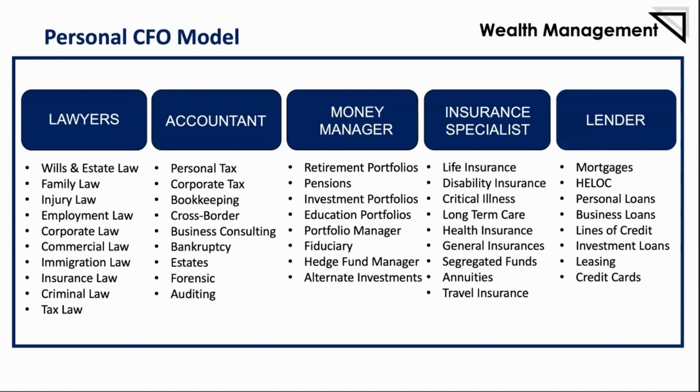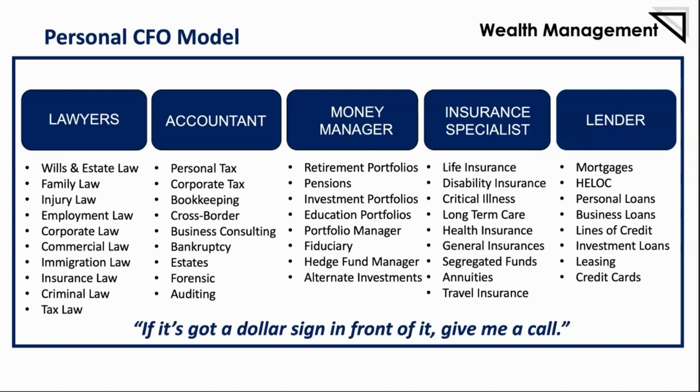So that is the approach that makes the most sense. Now, if it has a dollar sign in front of it, that's where the personal CFO comes into place. It's where someone like myself would be able to assist you to put it all together or to get your answer, if not from myself, from a professional. And if you don't have this in place, this is what you want to look at.